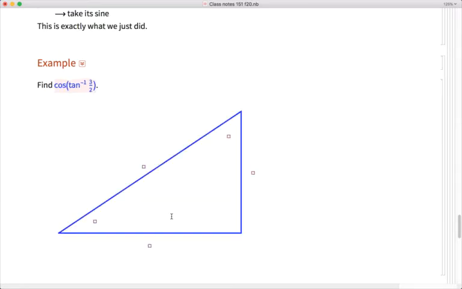Okay. So here's my triangle again. I'll write this in words. Remember, it is an angle whose tangent is 3/2. Sketch it.